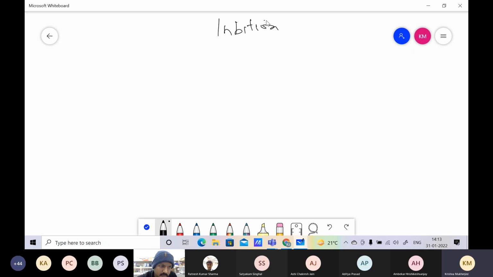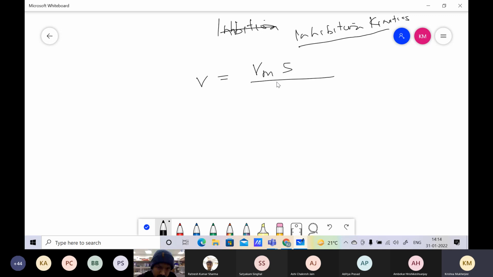Inhibition kinetics is what we are all going to talk about, and there are various kinds of inhibition kinetics available. Without getting into the details, because we'll talk about that later, I just want to tell you that V is equal to Vmax S as usual, over Km, the binding constant, which is essentially the proof of binding, because remember Km represents binding, actually changes due to the presence of inhibitor.